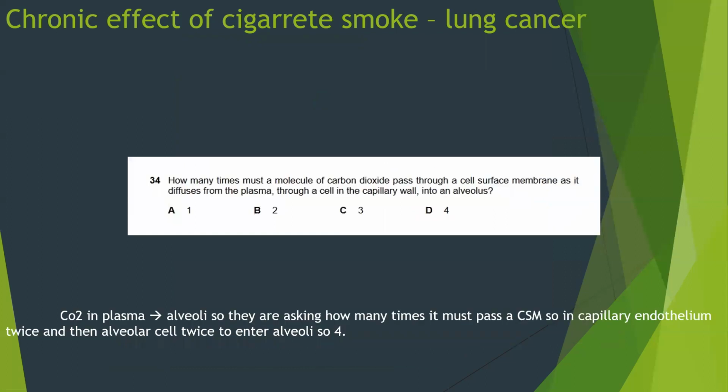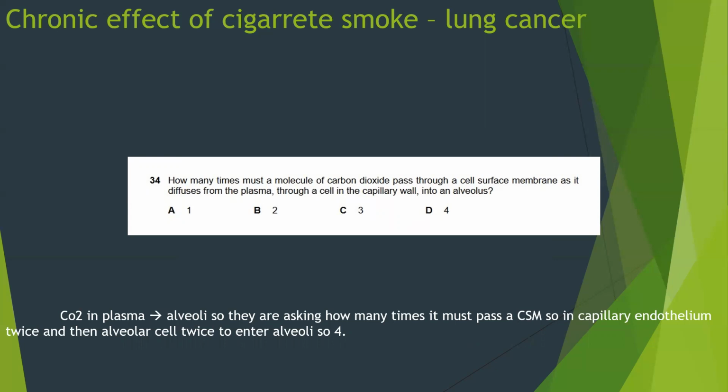Okay, so let's talk about this. How many times must a molecule of carbon dioxide pass through the cell surface membrane as it diffuses from the blood plasma through a cell in the capillary wall into the alveolus? Basically, the carbon dioxide will have to pass through the endothelium of the blood capillary, and then through the alveoli.